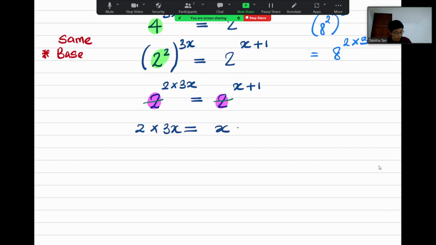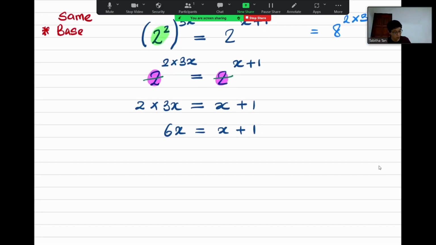Then the right hand side will have x plus 1. And then 2 times 3, we know that there's going to be 6x equals x plus 1. As of now, I'm sure you see that from a kind of complicated indices question, it has now become a simple linear equation.